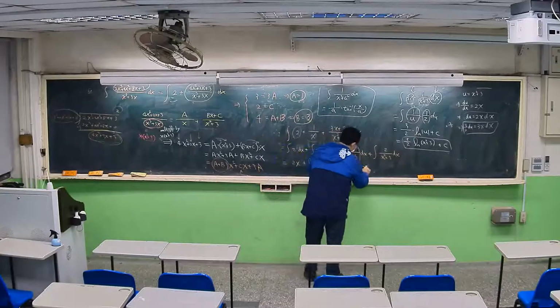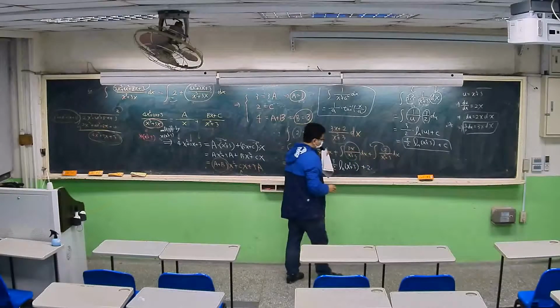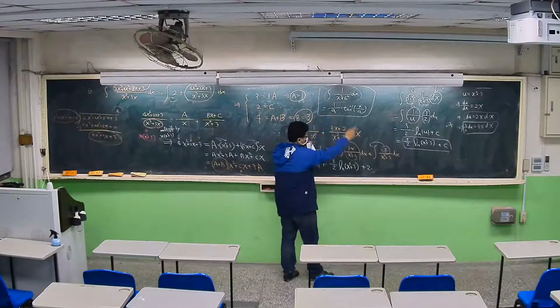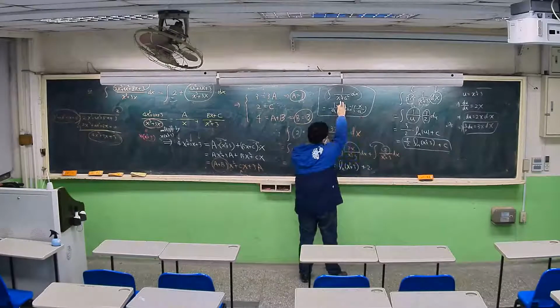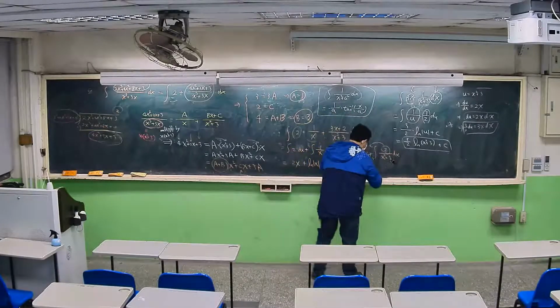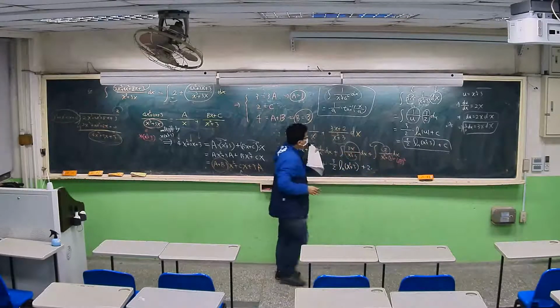Okay, so now it's equal to 2. We take out the constant, 2 times this term. But in this term, if you compare with these two terms, a should be the square root of 3, since 3 is the square.